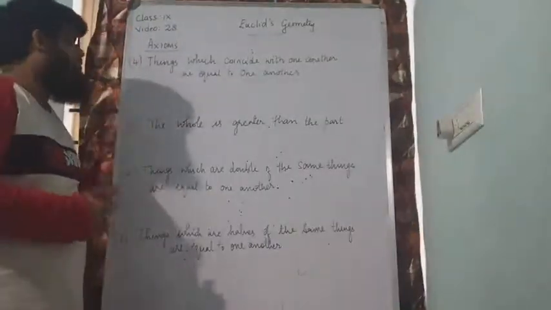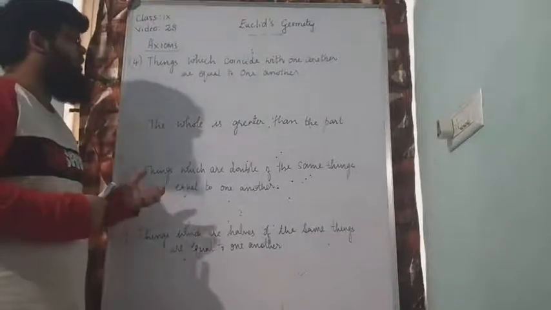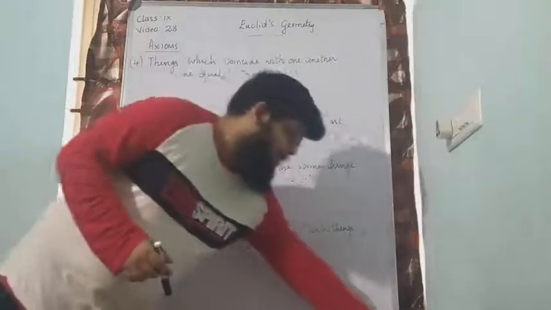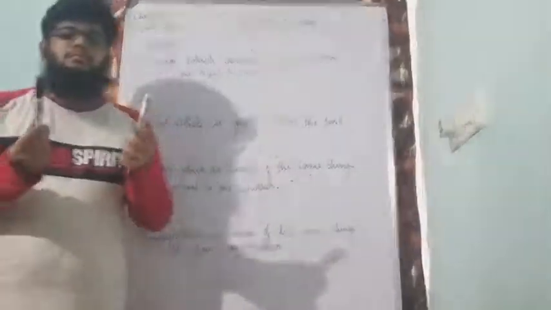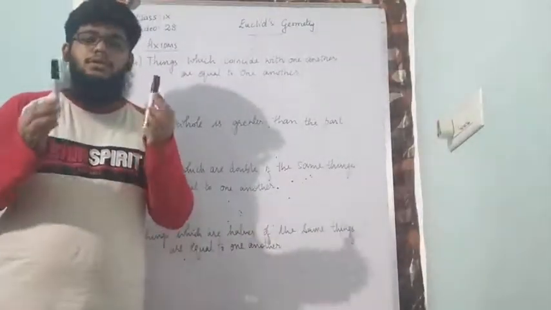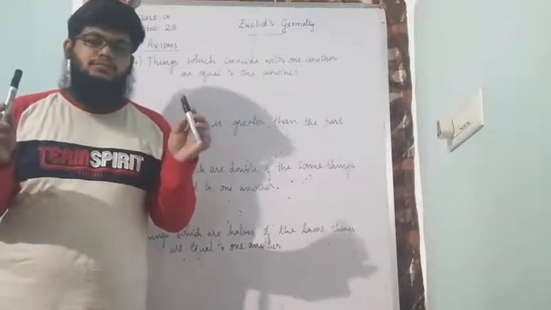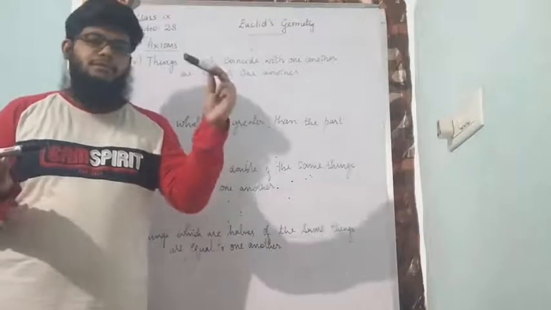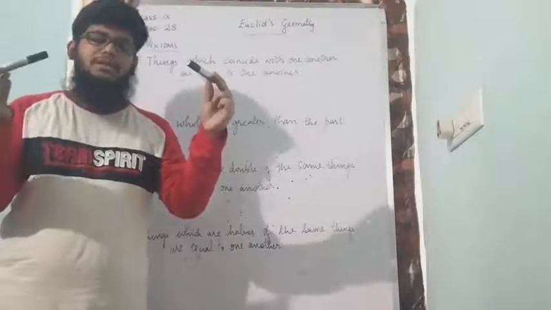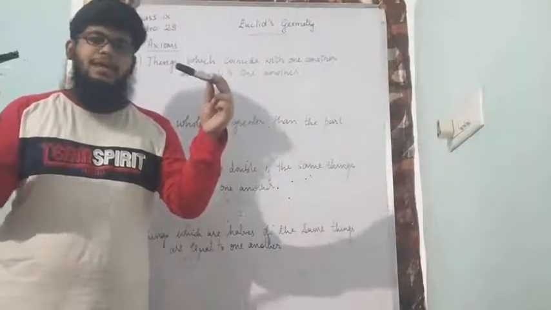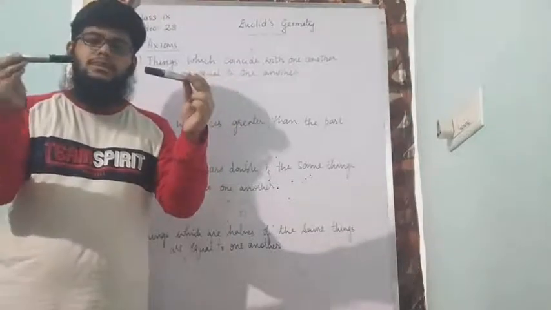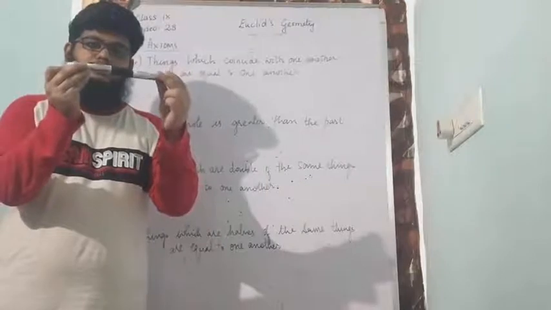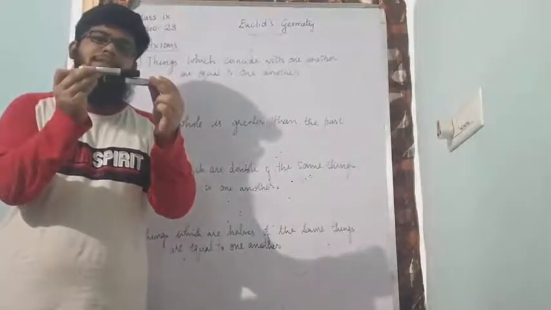So axiom number 4 tells things which coincide with one another are equal to one another. Now what does it mean? If there are two things that coincide with one another. Now the meaning of coinciding is, for example, if I have one marker and another marker which is exactly the same, and both the things come like this and they cross over each other like this, that is coinciding.